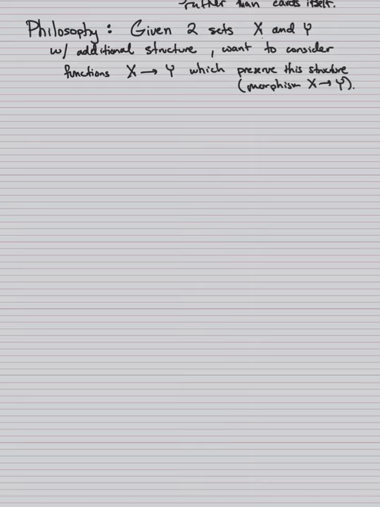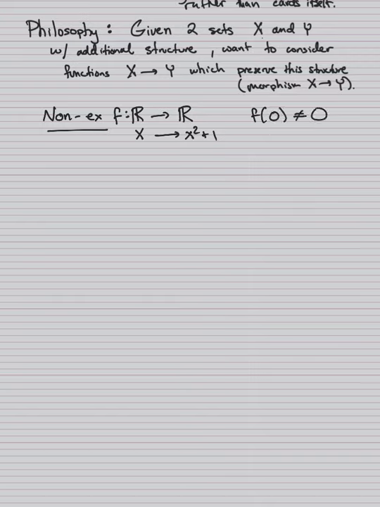Okay, so let me give you a non-example first, something that this doesn't work for, a function that doesn't fit this philosophy. Well, if I go from R to R, and I send x to x squared plus 1, well, for one thing, this fails all our characteristics of what we might want. For one thing, f of 0 is not equal to 0.